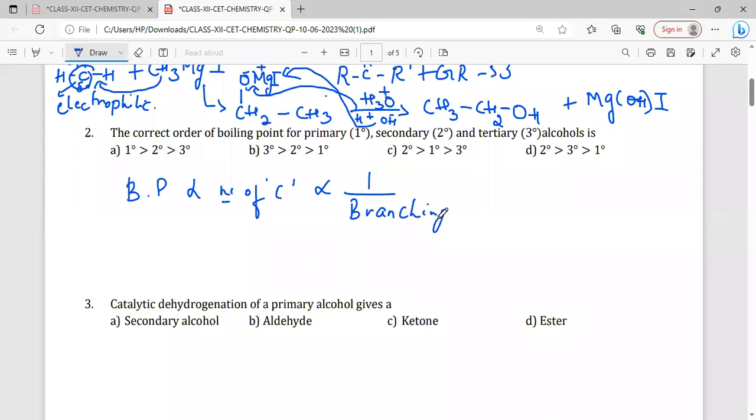For example, if I take some propanol or butanol, let me take simple butanol, which is primary. Now I will take secondary.